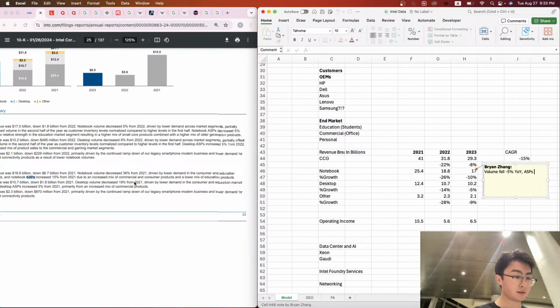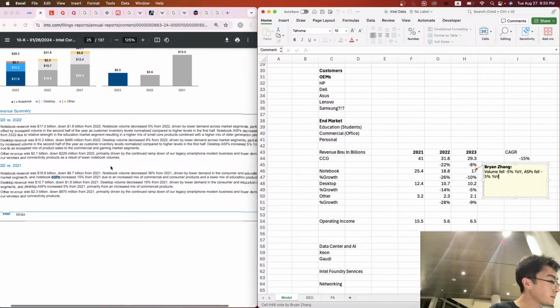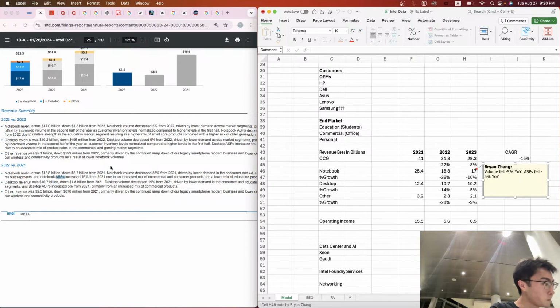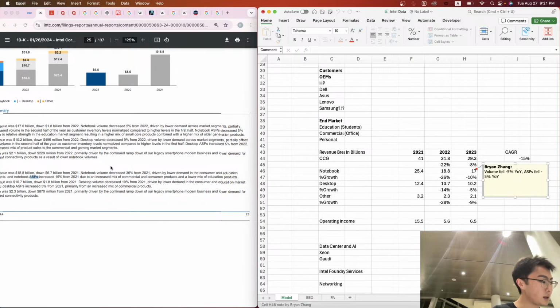ASPs fell 5% year over year. Higher mix of small core products combined with higher mix of older generation products, driven by education demand.